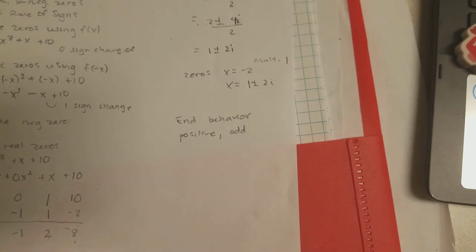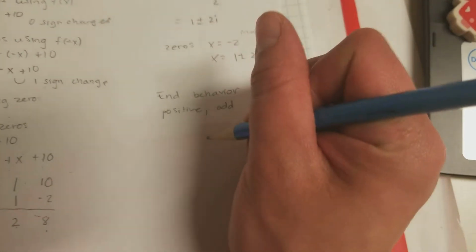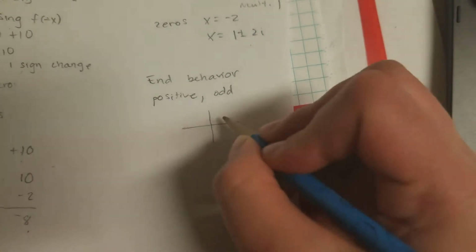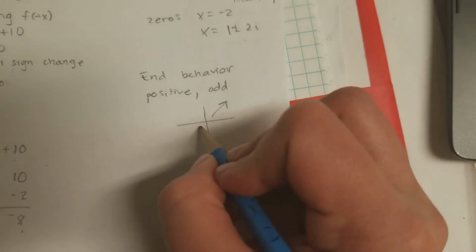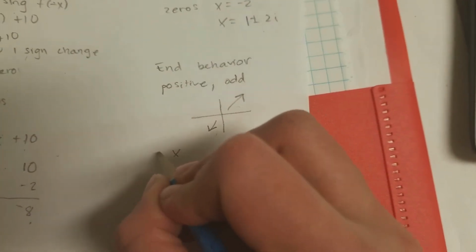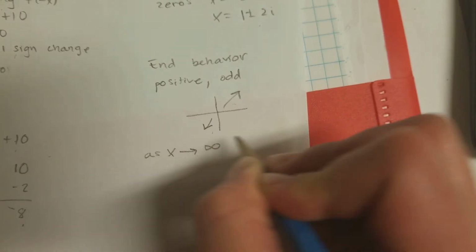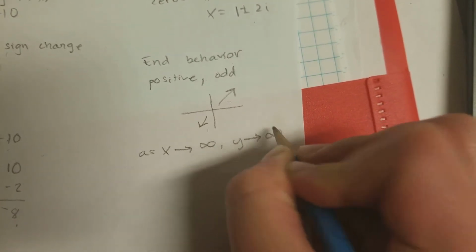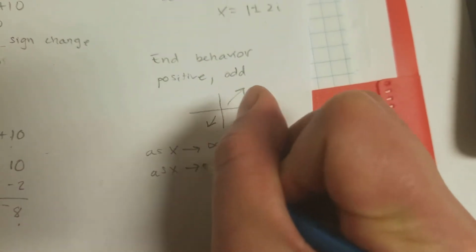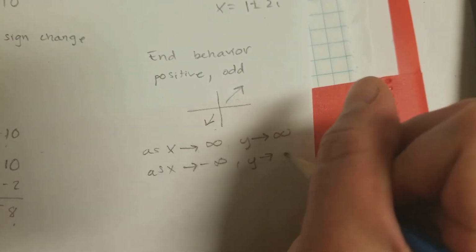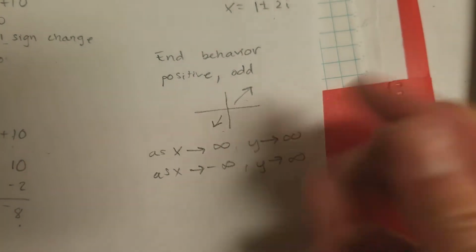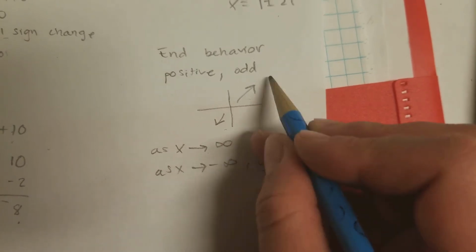So now that we know it's odd, we can predict the end behavior. This side's going to be going up and this side's going to be going down. As x approaches infinity, y approaches infinity. As x approaches negative infinity, y approaches negative infinity.